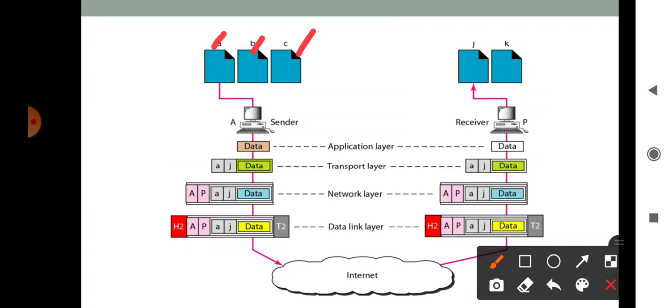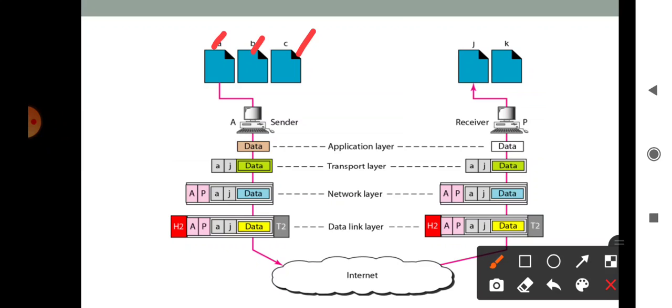Process A's data must be delivered to process J and not to K. For this, the transport layer encapsulates the data from the application layer in packets and adds two port addresses, A and J, as the source port and destination port addresses.